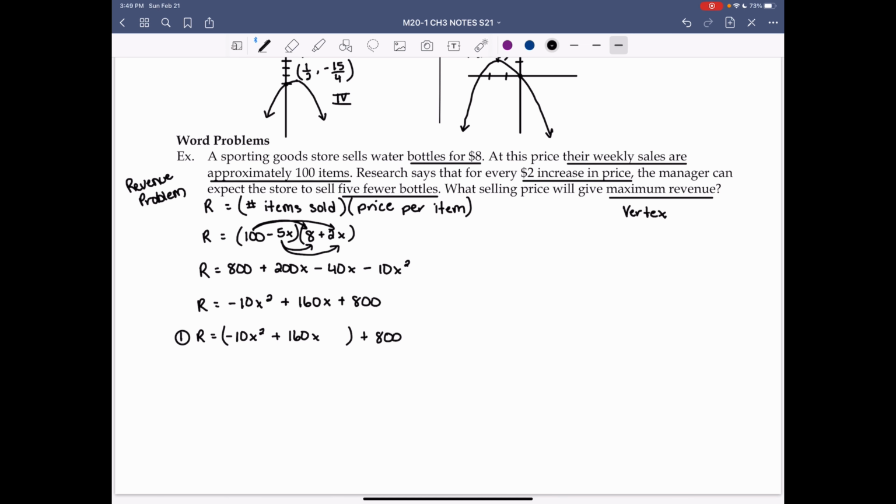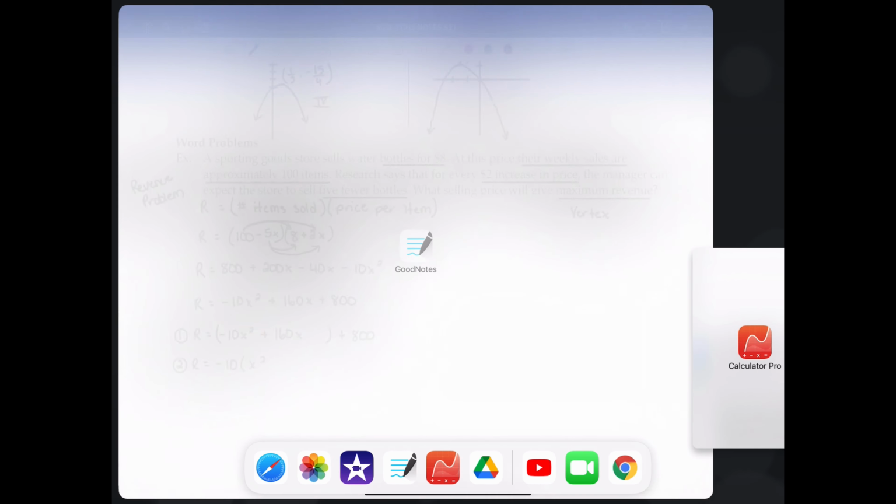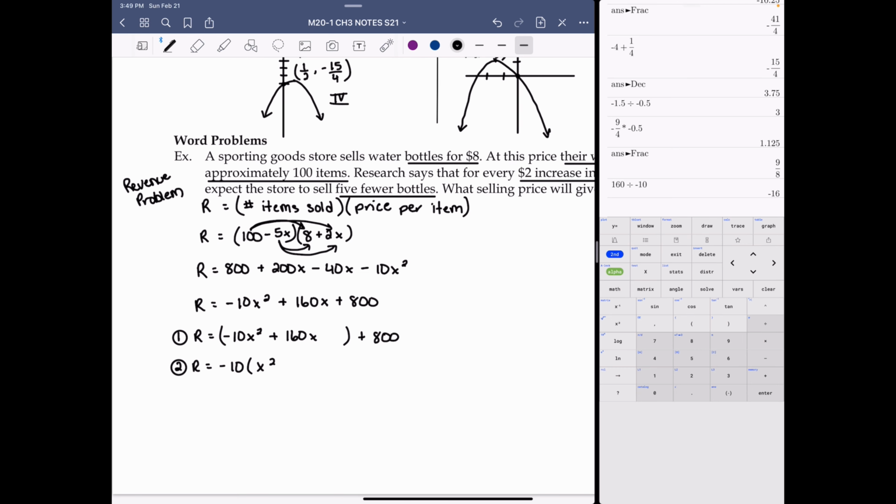Step 2, factor out the coefficient in front of x squared, which is negative 10. R equals negative 10 bracket, that leaves x squared. Positive 160 divided by negative 10 would be negative 16. Negative 16x, leave a space, close the bracket, plus 800.